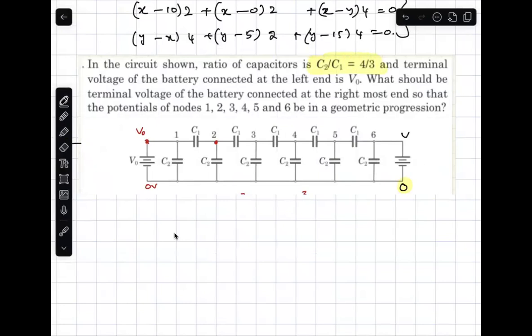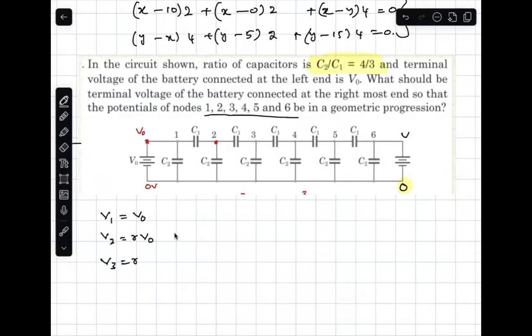What should be the terminal voltage of the battery connected at the rightmost end so that the potential of nodes 1, 2, 3, 4, 5, 6 are in geometric progression? What is the meaning of geometric progression? If I am taking V1 as V naught, V2 must be R V naught, common ratio.